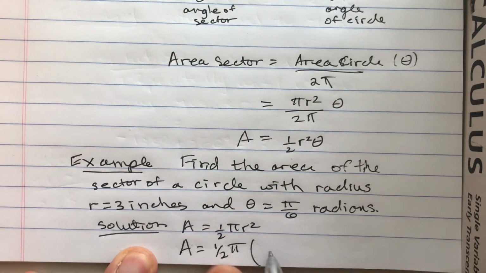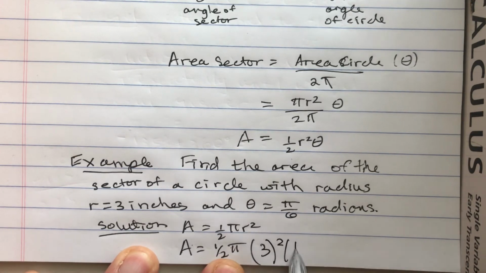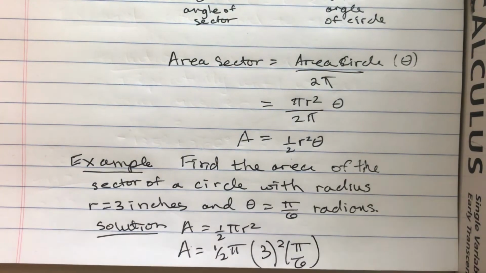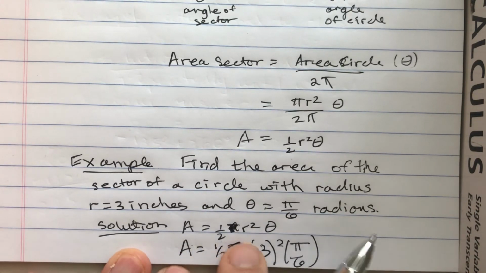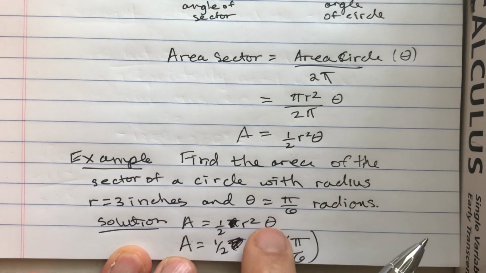Okay, 1/2 pi r squared, which is 3 squared, and then times pi over 6. So, okay, why did I put the pi there? Sorry, I started daydreaming here. So area is 1/2 r squared theta. Sorry, I didn't write down the right formula. So area is 1/2 r squared theta, and so I just plug everything in there.